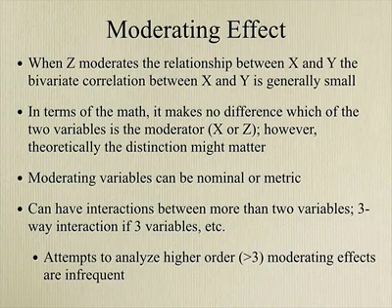But if we disaggregate that, if we disconnect that and look at the various levels of Z, we can see where the relationship changes. And that is by definition what a moderating variable is: the relationship between X and Y is not consistent across levels of the third variable.